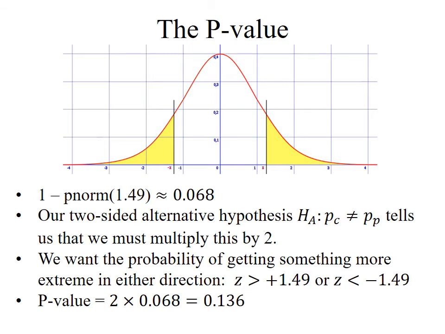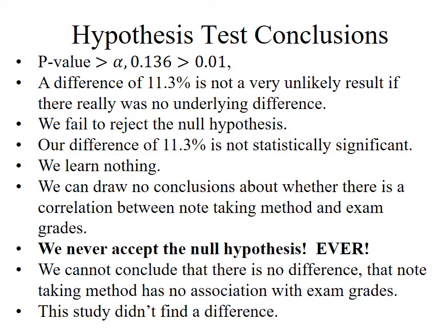So what do we conclude? What's the result of our hypothesis test? Well, in this case, our p-value is larger than alpha. We said that our alpha was going to be 1%. That was our threshold of unlikeliness for rejecting the null hypothesis. In this case, we got more than 13%. So what do we conclude?